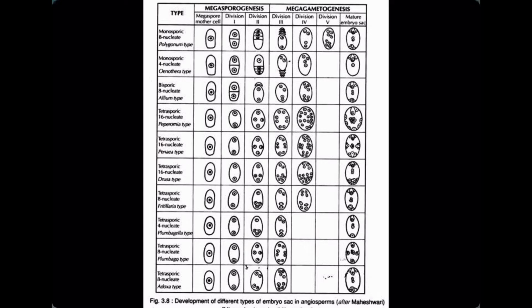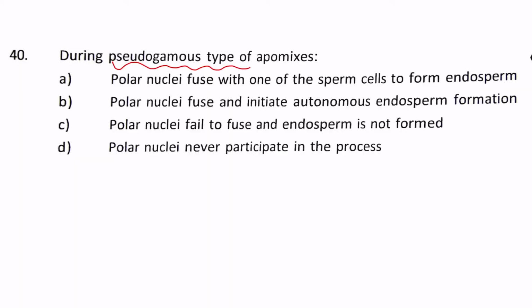During pseudogamous type of apomixis: A, polar nuclei fuse with one of the sperm cells to form endosperm; B, polar nuclei fuse and initiate autonomous endosperm formation; C, polar nuclei fail to fuse and endosperm is not formed; D, polar nuclei never participate in the process. In pseudogamous apomixis, endosperm formation is mandatory.